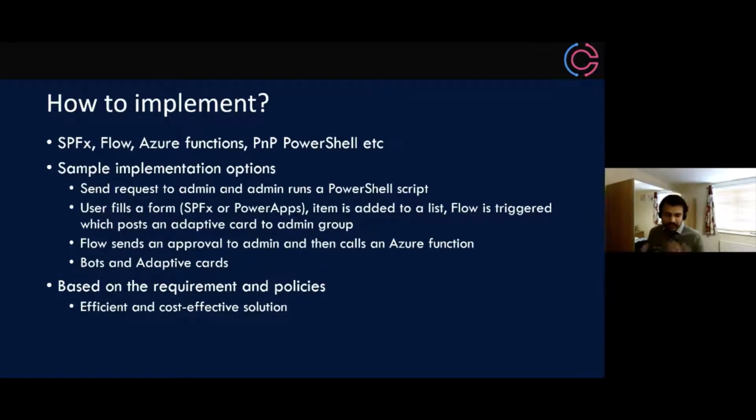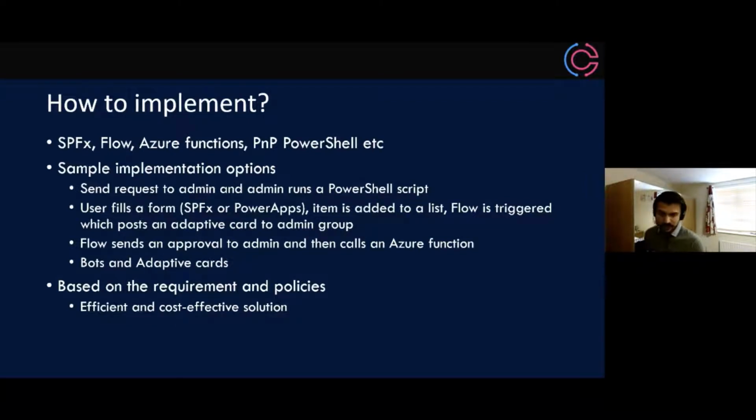But if everything has to be automated, then instead of Flow posting a message to the admin group, the Flow can send an approval to the admin group or a certain set of approvers, and once they approve that request, the Flow calls an Azure function, which goes ahead and creates a team based on the request.